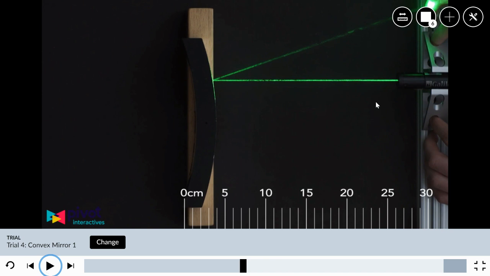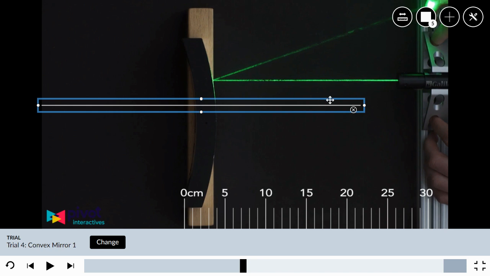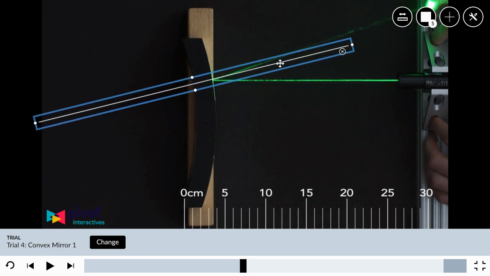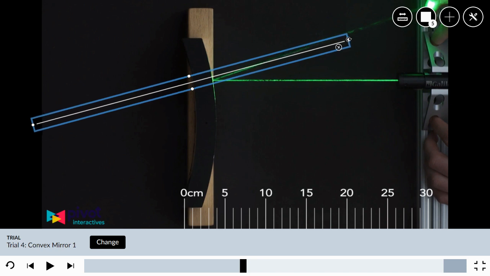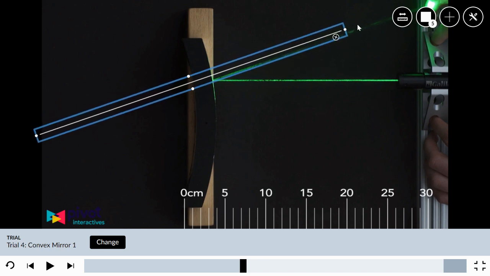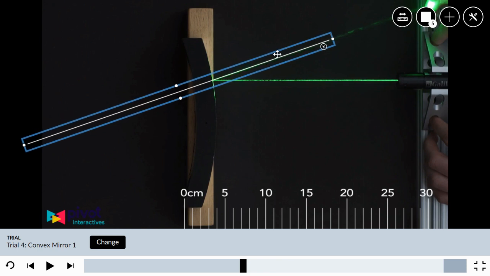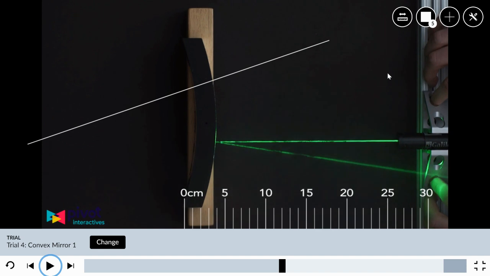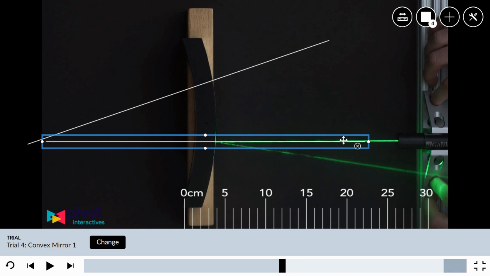So with this, you're going to use those lines for a couple purposes. Okay, but there you can see how I can line it up with the reflected ray, kind of like when we did the mirror lab in class. And I can try to backtrace.